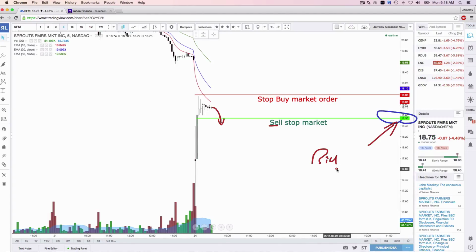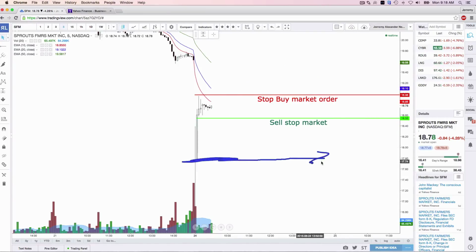Once you're in the trade bearish, you could set your stop buy market order at 1898, because if you're in the trade bearish, this is how you get out of the trade, is you buy. And then your target down here would be also a buy limit. Okay, so again, you want to sell high, buy low.